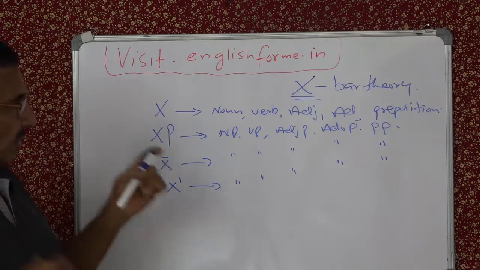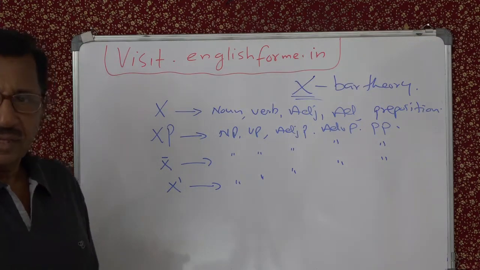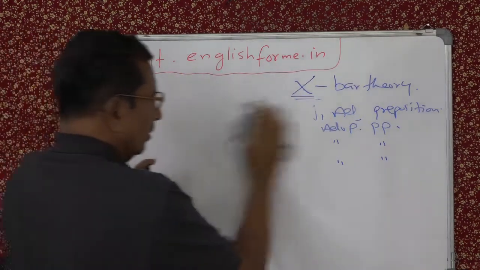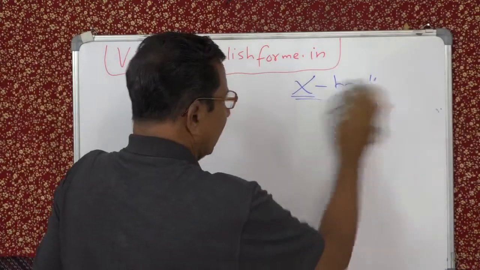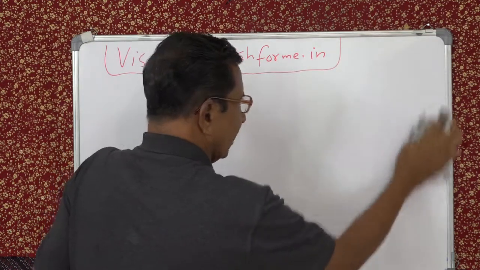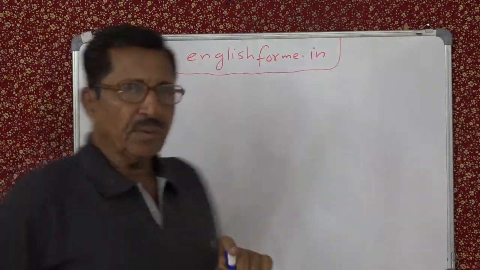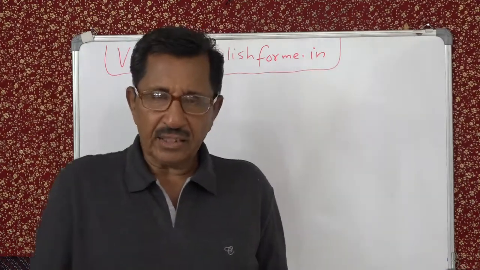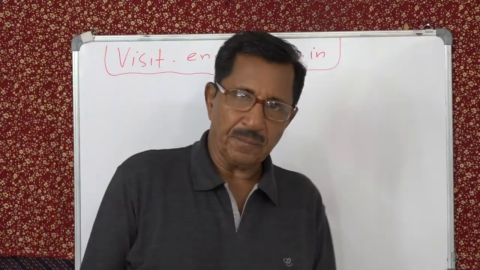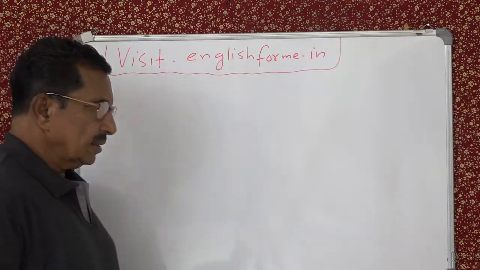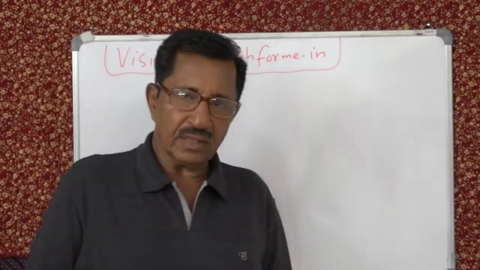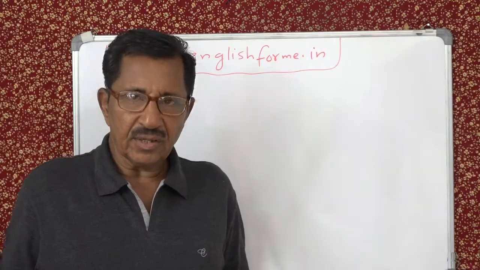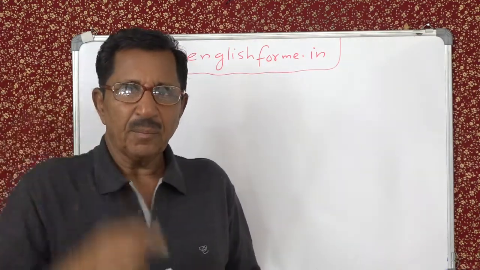X stands for noun, verb, etc. Understand? Now you know the origin of Xbar. Why is it called Xbar? Because just above the X they put a bar. Bar means phrase; X means noun, etc. Now the Xbar theory illustrates the point that phrases have a three-tiered projection.